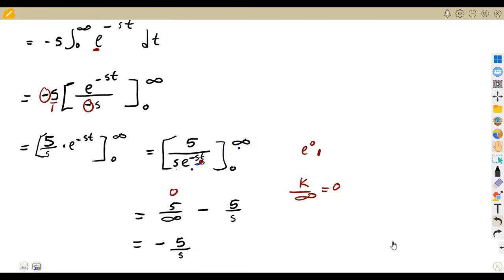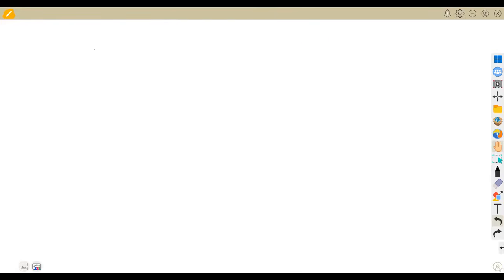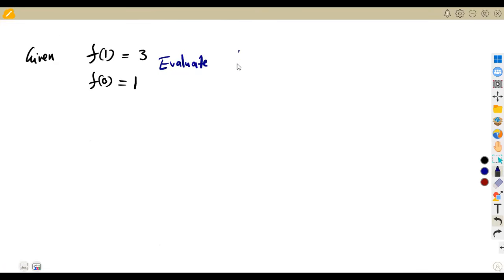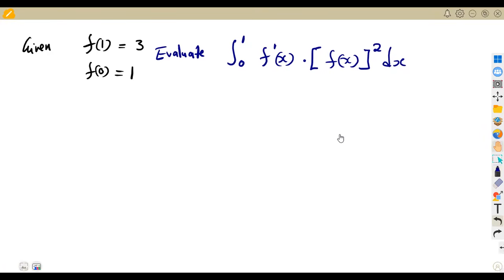They do ask a question whereby you'll be given something like this: given f of 1 is equal to 3, f of 0 is equal to 1, and you're asked to evaluate the integral from 0 to 1 of the first derivative of f of x times f of x, let's say to the exponent of 2, dx. All right, this is another question on our definite integrals.